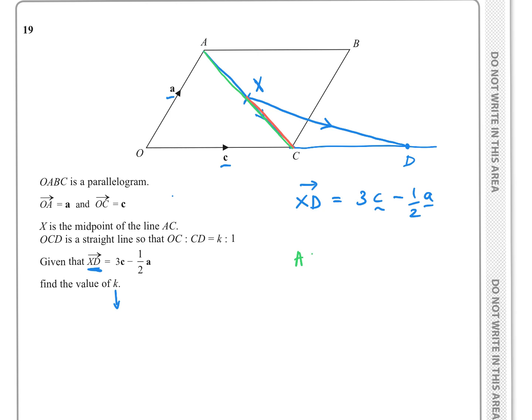To get from A to C, if you think about it as a journey, going from here to here is the same as going minus a plus c, or just c minus a. And we therefore know that the vector X to C must be half of that journey.